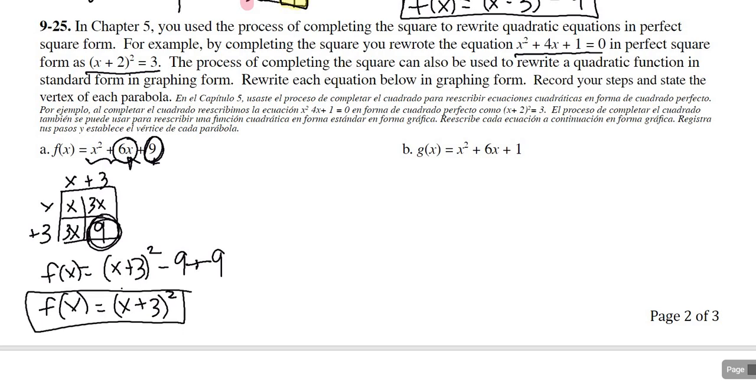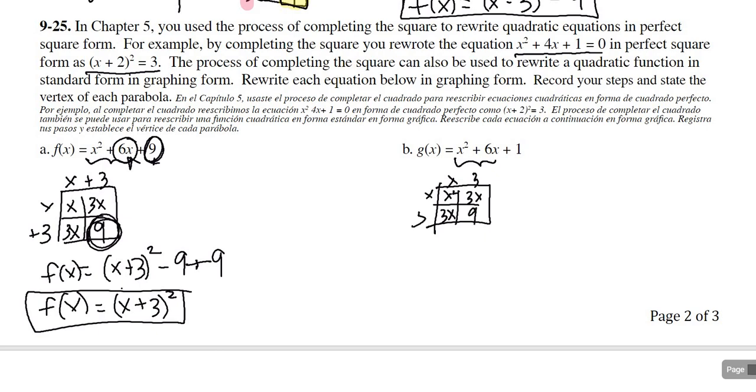Okay, the next one is x squared plus 6x plus 1. So first I'm going to complete the square for this piece. Again, it's the same as the last one: x squared, 3x, 3x, x, 3, 9.